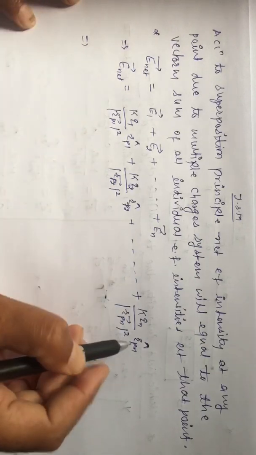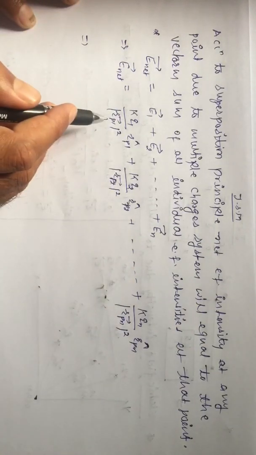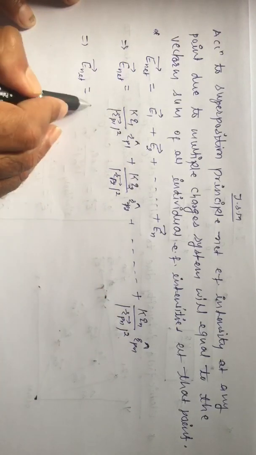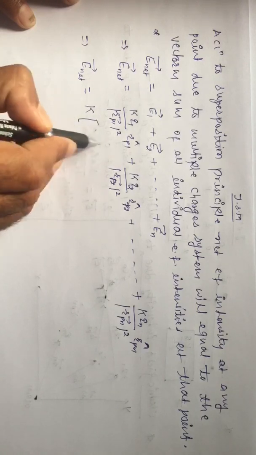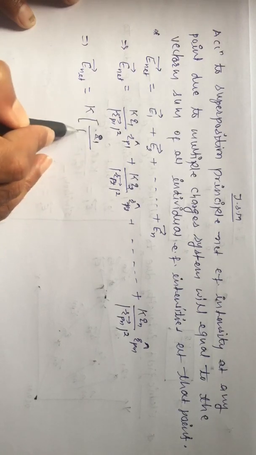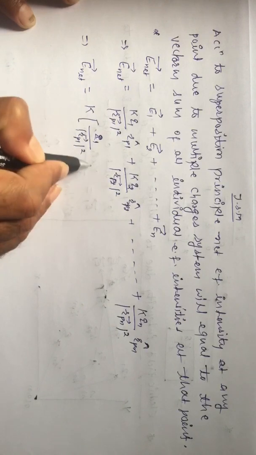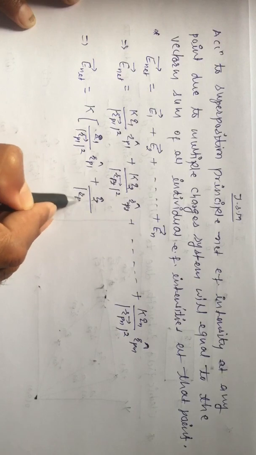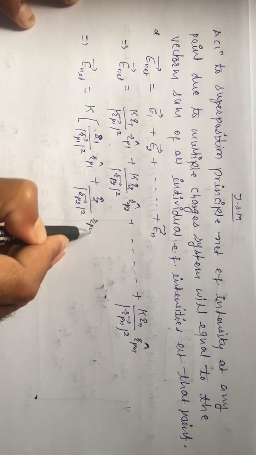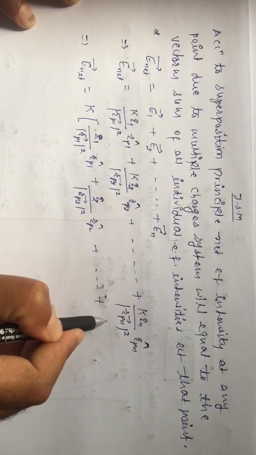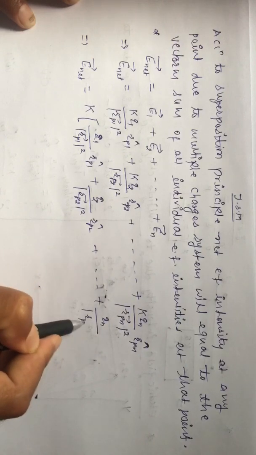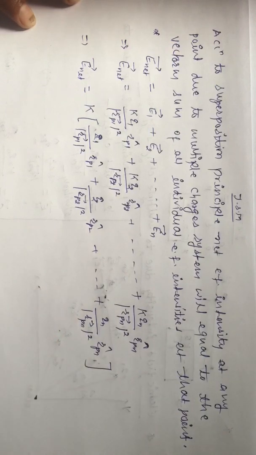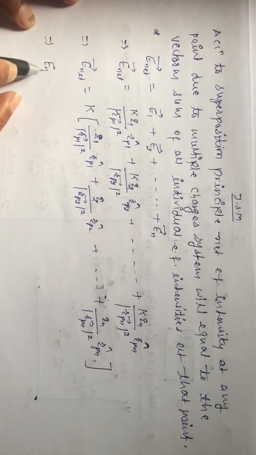Look at this expression. In each term K is common, so K is taken common out, and the remaining terms are Q1 upon magnitude of RP1 square RP1 cap plus Q2 upon magnitude of RP2 square RP2 cap and so on, Qn upon magnitude of Rpn vector square Rpn cap, which can also be written in the summation form.